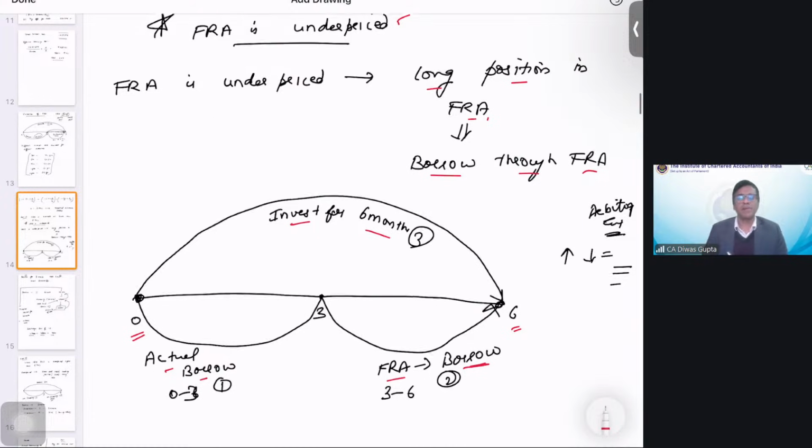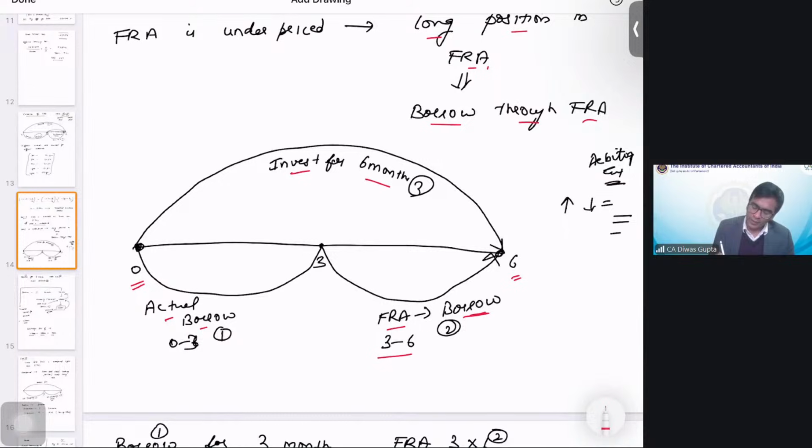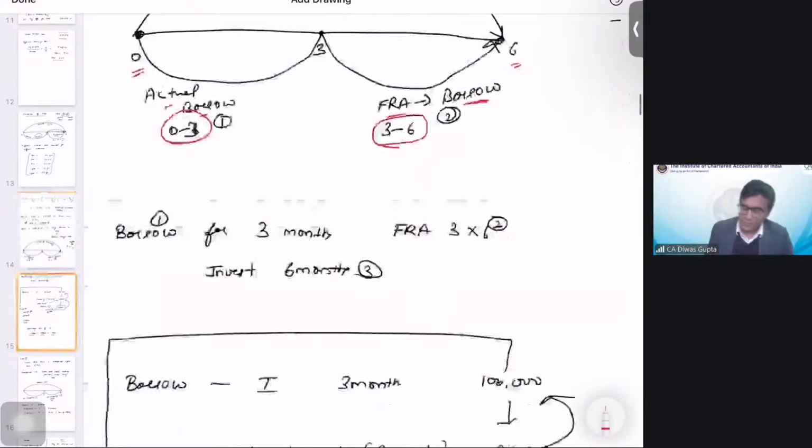Clear? So third to 6th month we borrow, 0 to 3 months also we borrow, and we invest for 0 to 6 months. Why? Because we will have to take the opposite position in the overall duration, whatever position we are taking under FRA, we will have to take the opposite position.